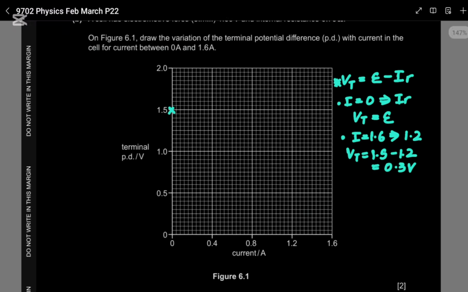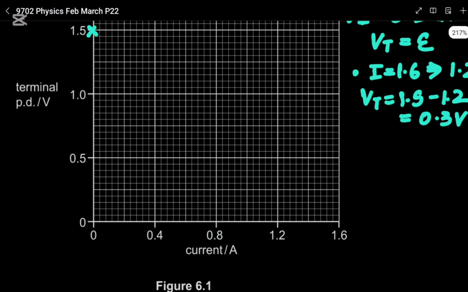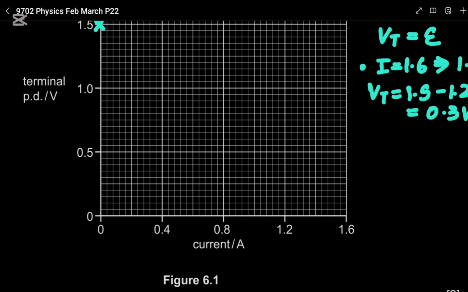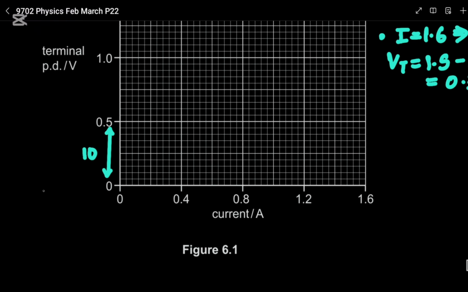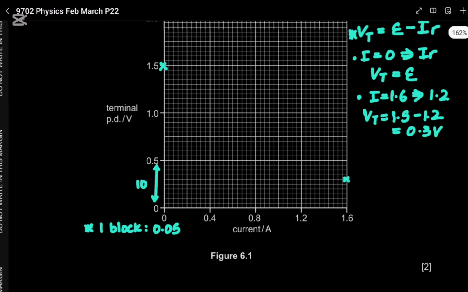Now 0.3 volts, let's zoom in. We have 10 tiny blocks, which give us 0.5, so one block is 0.05. So this is going to be the midpoint 0.25, and this is going to be 0.3. So that is the other point which we needed.